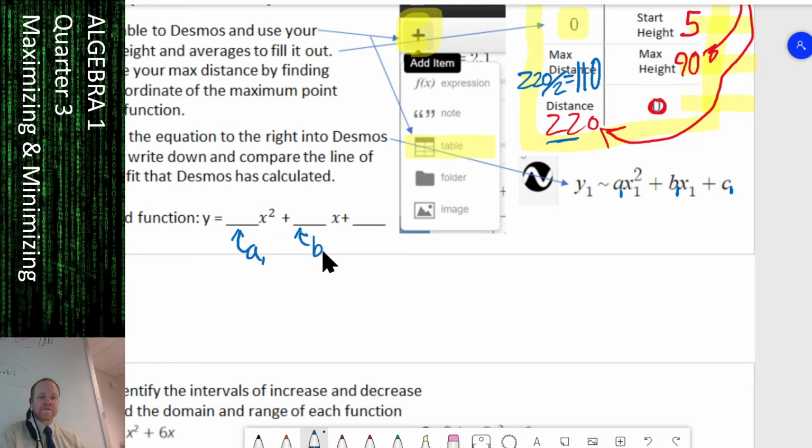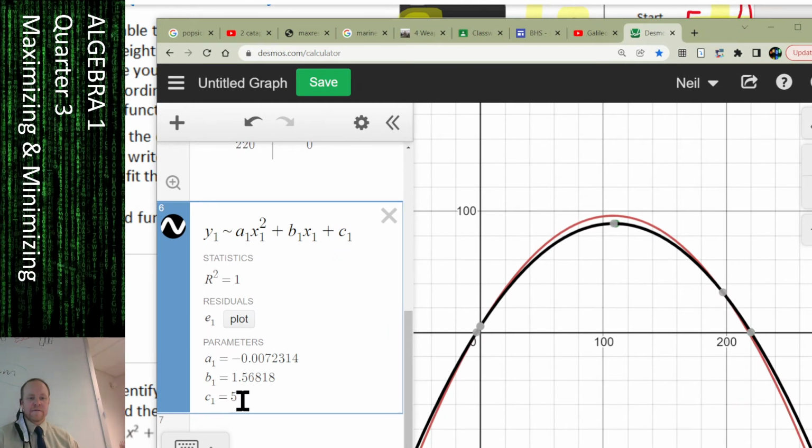It also tells you B sub 1 and C sub 1. And I'm going to make it so I can see mine. You can do some rounding. Negative 0.007 is what it told me mine was. 1.57 and 5. You should have different numbers. You're not copying my numbers down. You're copying the numbers from your Desmos from right here.